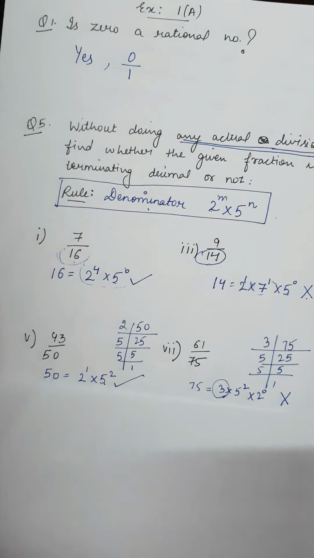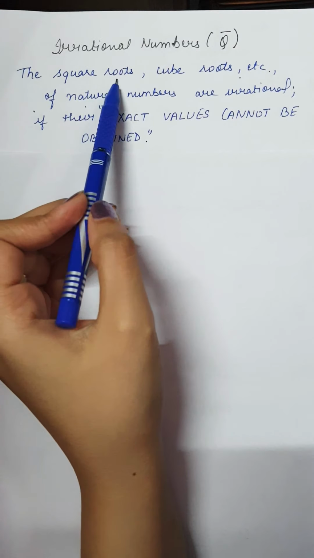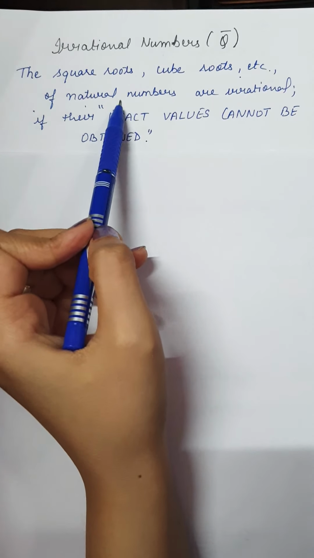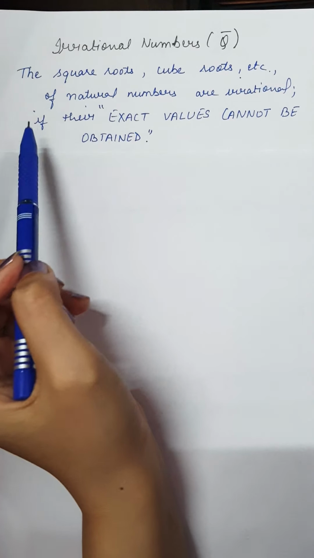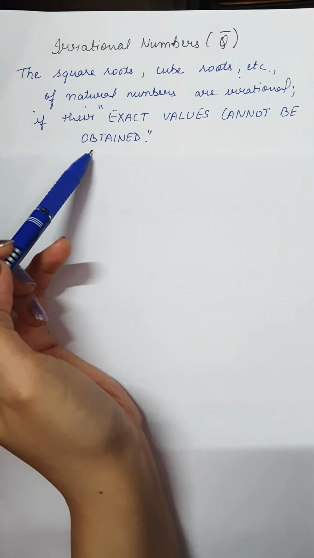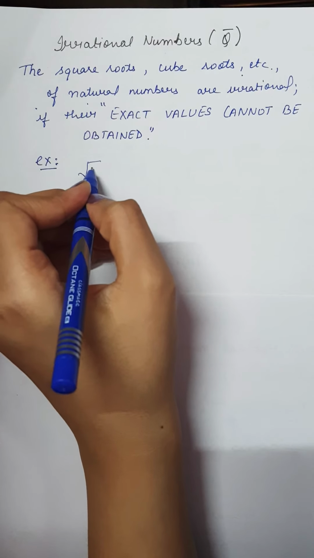Now the next very important topic, irrational numbers, denoted by the symbol Q with a bar on top. The square roots, cube roots, etc. of natural numbers are irrational if their exact values cannot be obtained. For example, suppose I say under root 4.